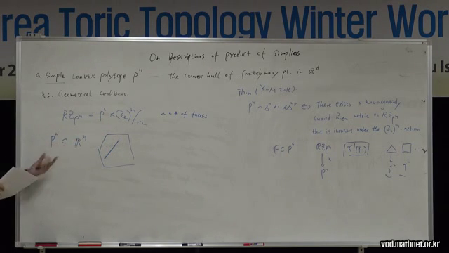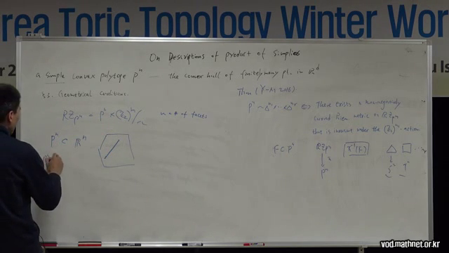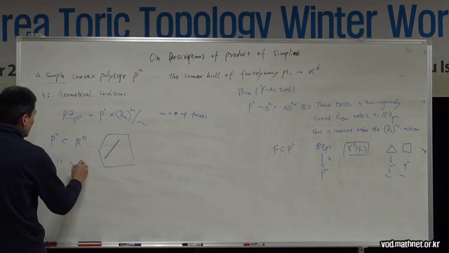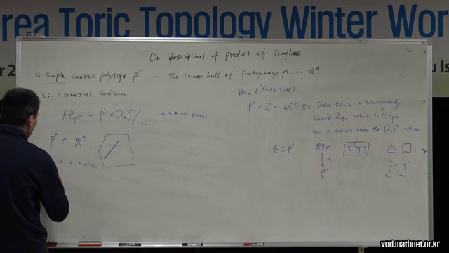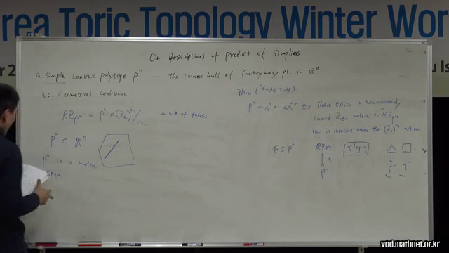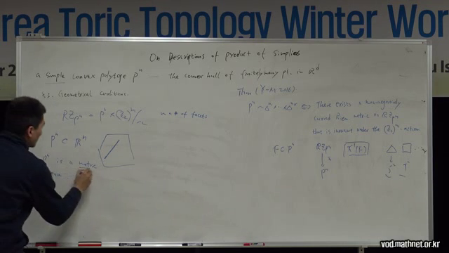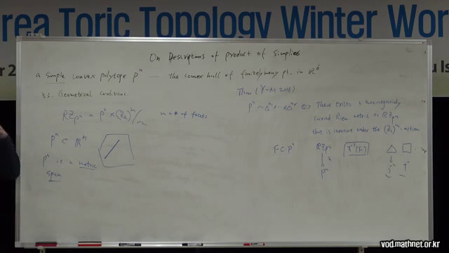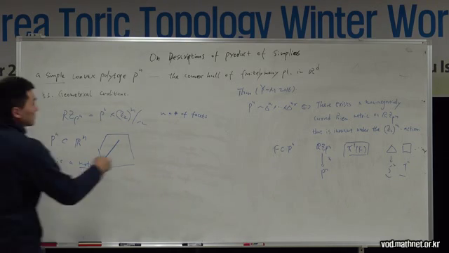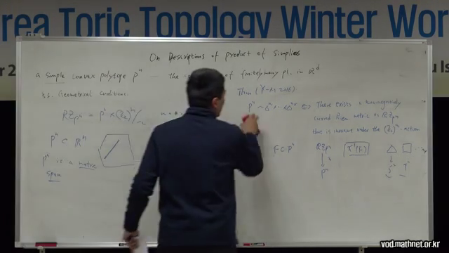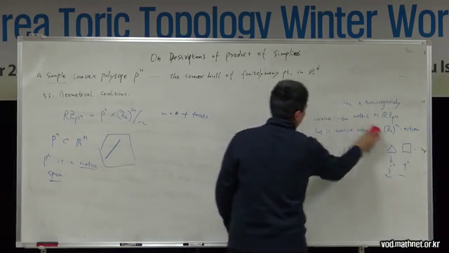So Pn is a metric space. I think everybody should know the definition of a metric space, but I will write it down because I will use it.